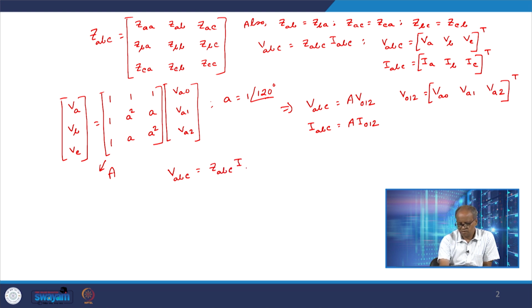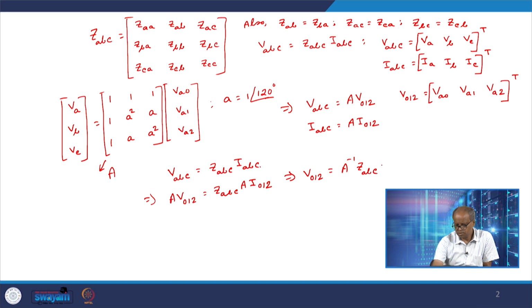Now, if I start with this relation that VABC is equal to ZABC into IABC, then I can write this equation A V012 is equal to ZABC into A I012, or in other words V012 is equal to A inverse ZABC into A into I012.